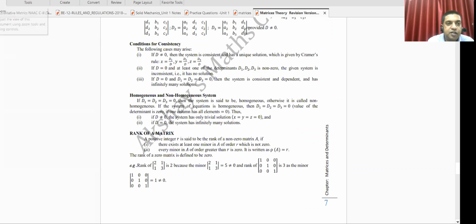There's another definition which is in one sense the same, but it gives a better idea.